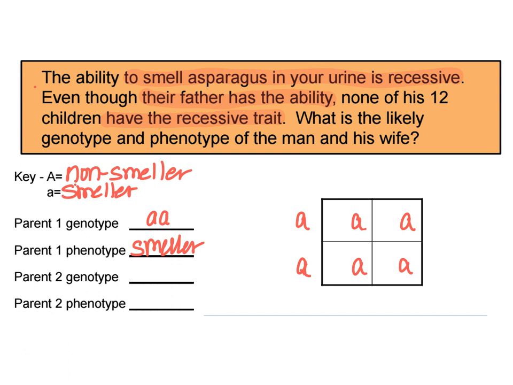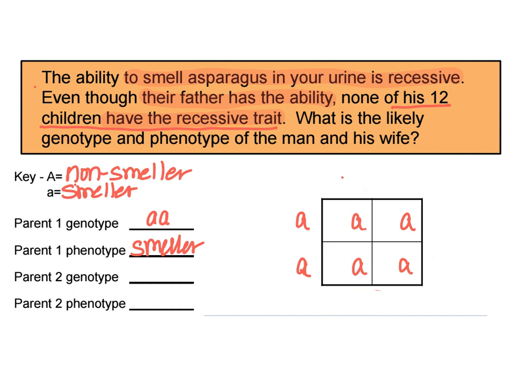So I go back to the problem, and I can see that none of his 12 children have the recessive trait. That means that they all have the dominant trait. And right now in the square, I can see only recessive traits. So there need to be dominant alleles in each one of those boxes.